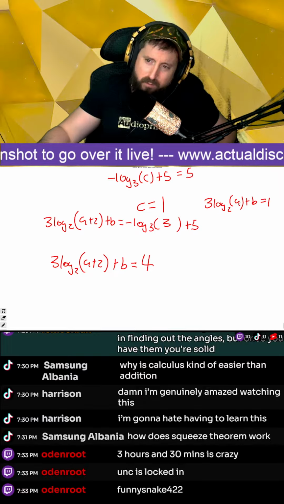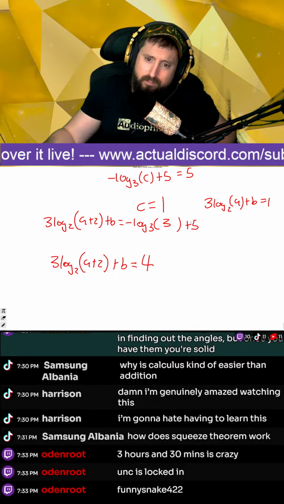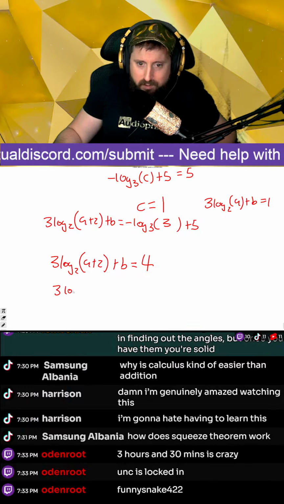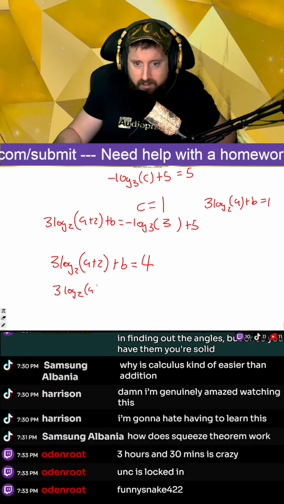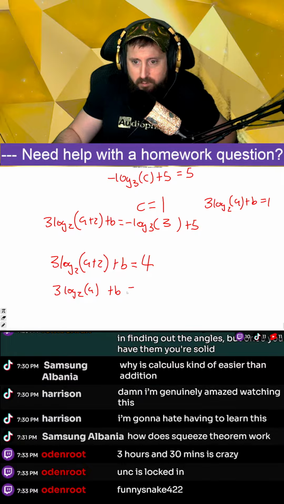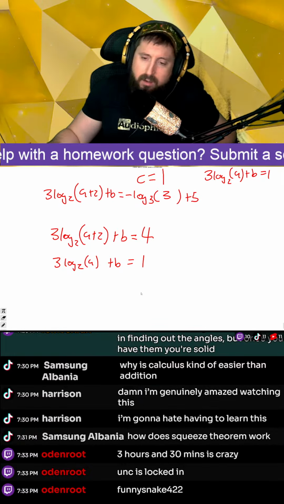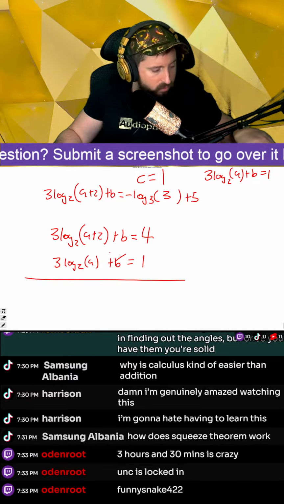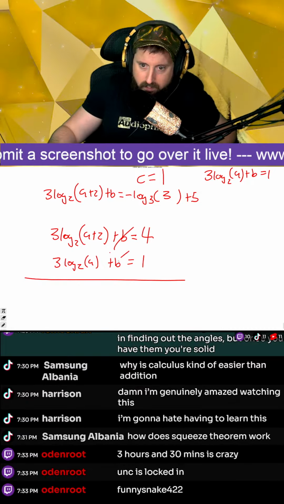Okay, does this help me out, though? So I know this is true. And I also know that 3 log base 2 of A plus B is equal to 1. Oh, okay. We can subtract these two, right? Because this cancels. Cool.